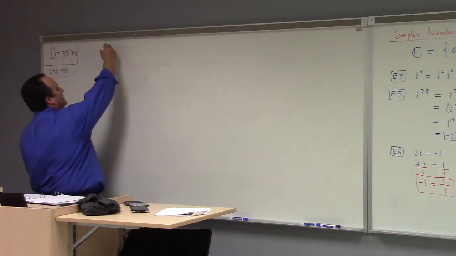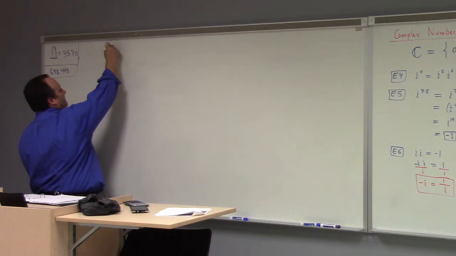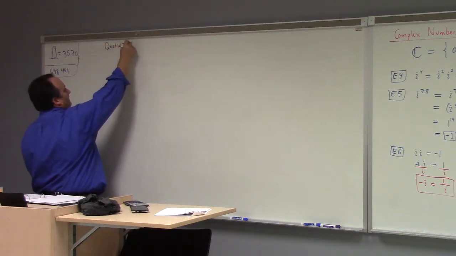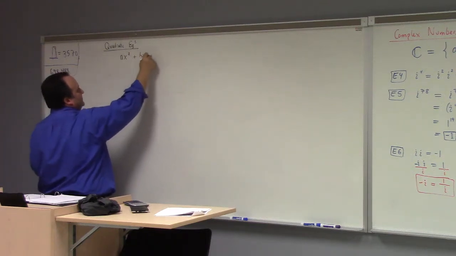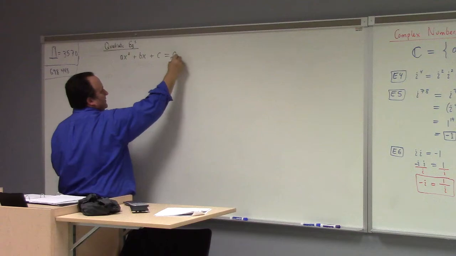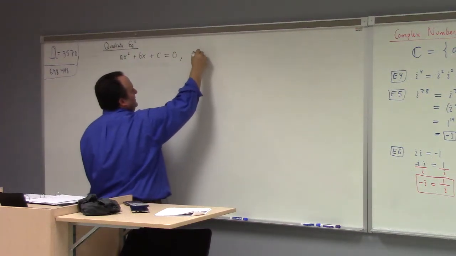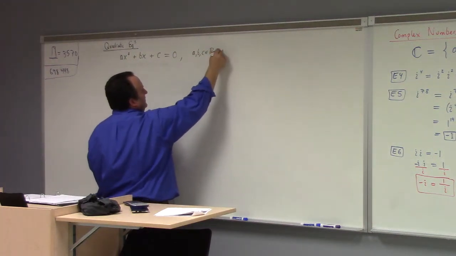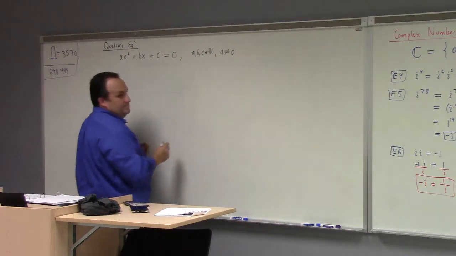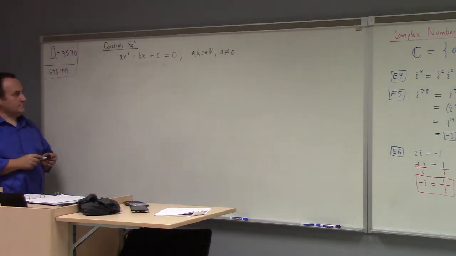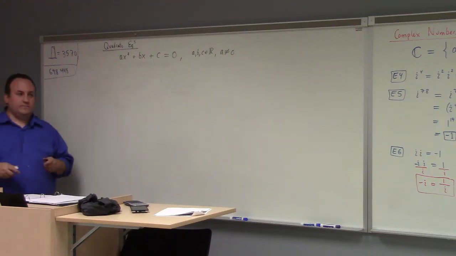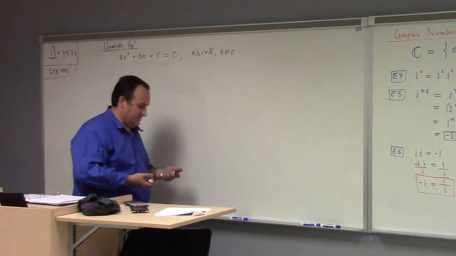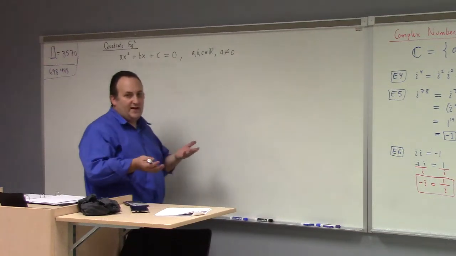So the quadratic equation, what is it? It is ax squared plus bx plus c equals 0. Here, a, b, and c are assumed to be real numbers, and a is not equal to 0. All right? So we're trying to solve this equation. Now, if we could factor it, it would be lovely.